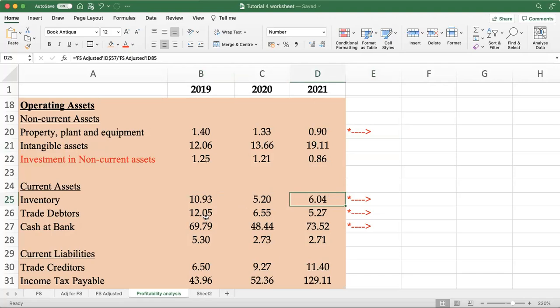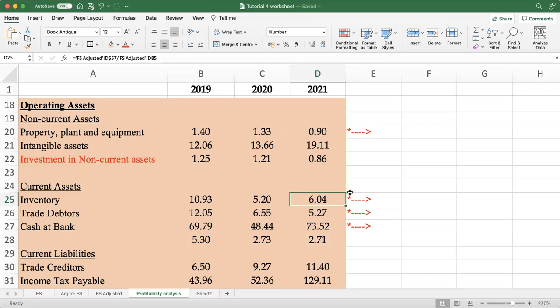Debtors turnover is also declining. For this company, these three are major assets: property, plant and equipment, inventory, and debtors. So these turnover values are declining.